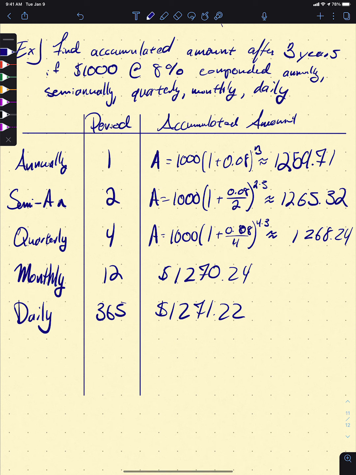So we can see that as you compound more often, the amount that you have after 3 years goes up. Maybe not substantially, but there's a difference of right around $10, $12 there, and $10, $12, that's lunch if you're smart about it, right?